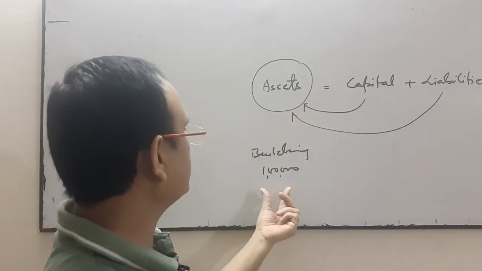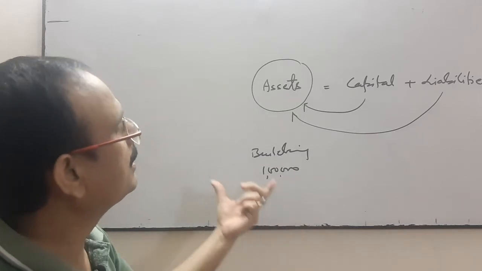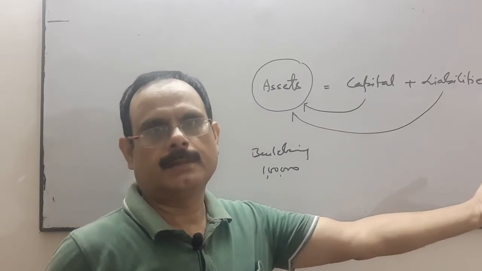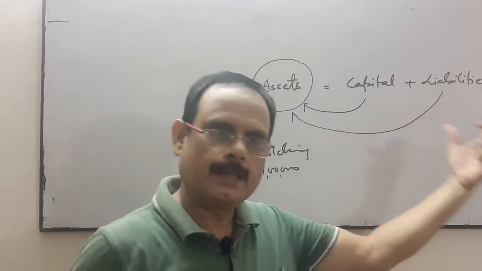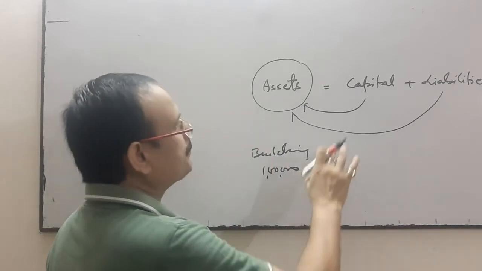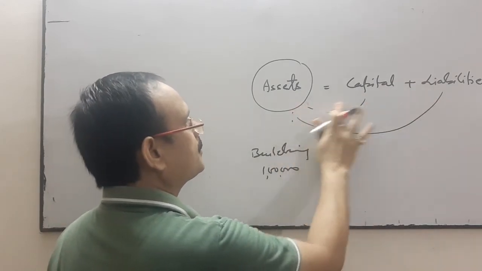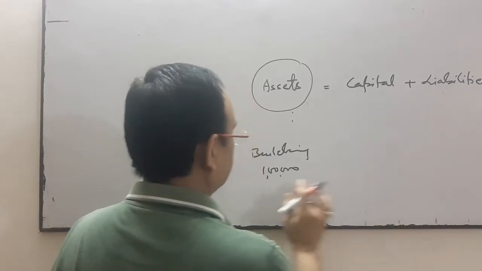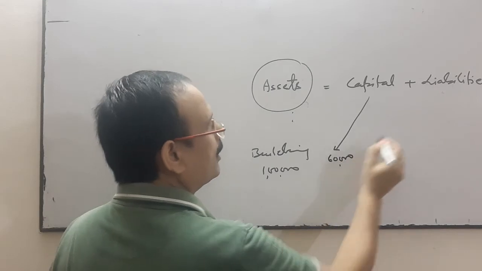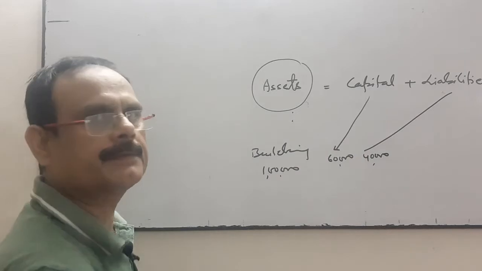If this 1 lakh is from the external liability only, it means to purchase this building, the company took a loan from outsiders, from the bank or financial institutions. But sometimes some part may be from the capital and some part from the liability. Suppose of this 1 lakh, maybe 60,000 from the capital and 40,000 from the external liability.